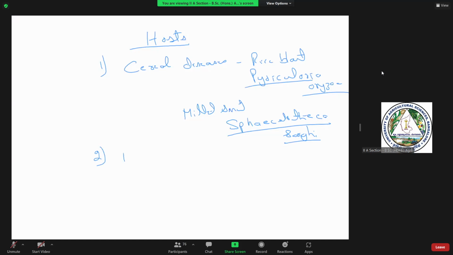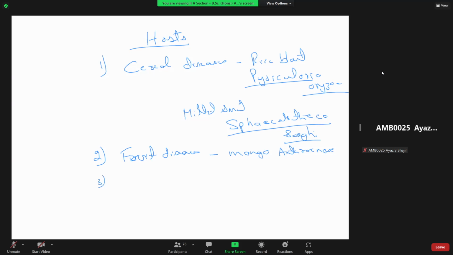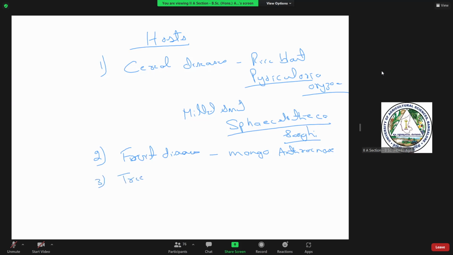The diseases caused on the fruits are called the fruit diseases. The example is the mango anthracnose. Mango anthracnose is one of the classical examples. And the diseases caused in the trees are the tree diseases.